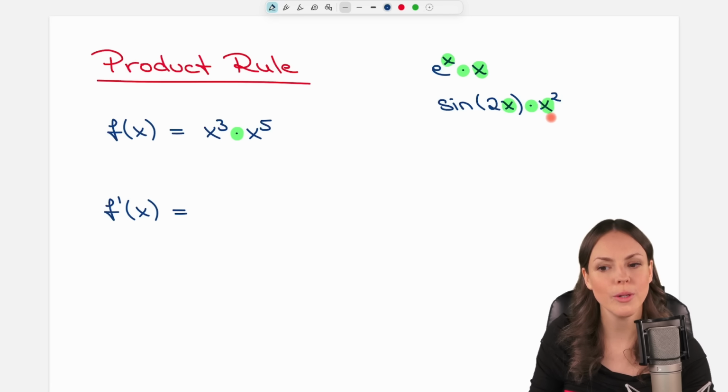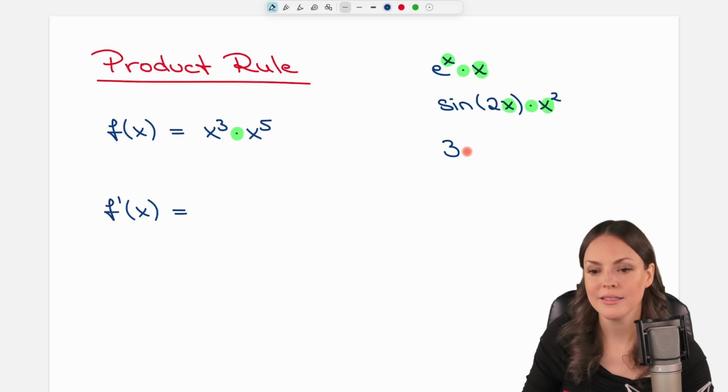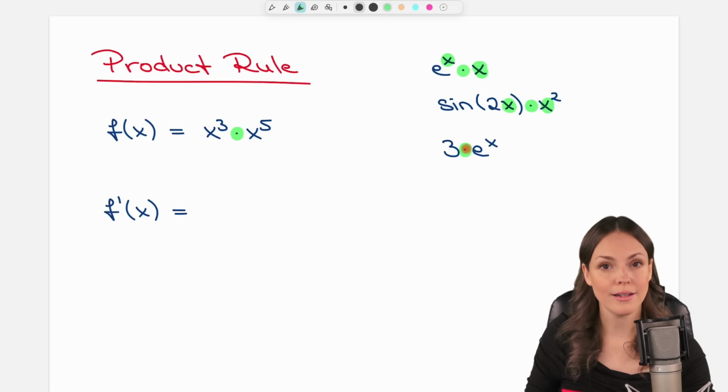Here as well, we would need the product rule to find the derivative. We would not need this rule if you have something like 3 times e to the power of x, because yes, it is a product, but in the first part, there is no x in there.